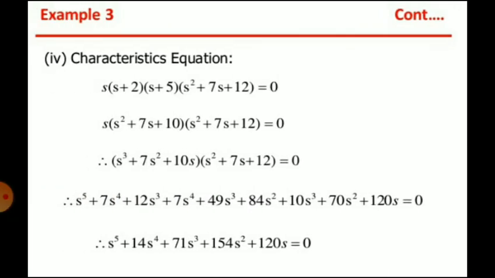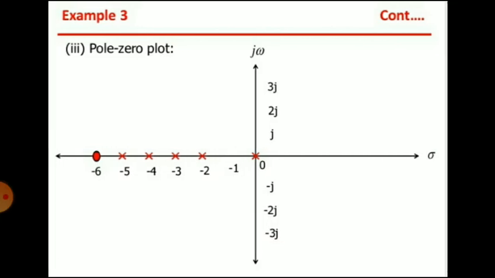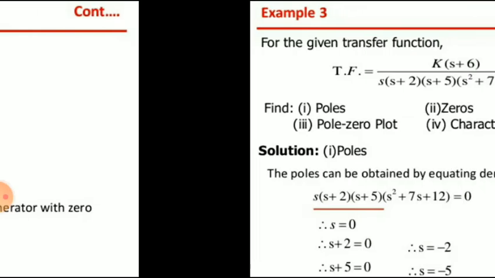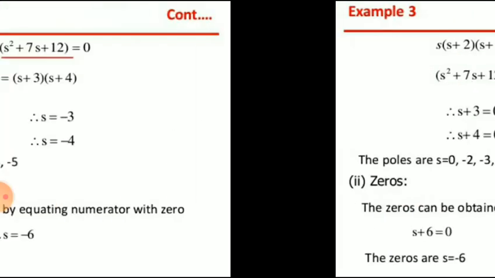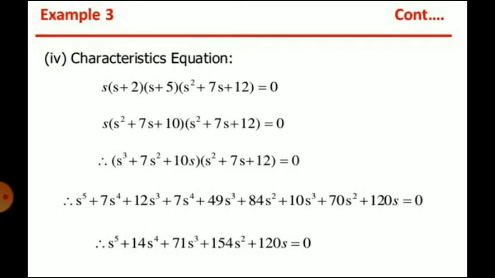Now find out the characteristic equation. The characteristic equation can be found by equating the denominator to 0. That will be s into s plus 2 into s plus 5 into s square plus 7s plus 12 equals 0. Now solve this equation.